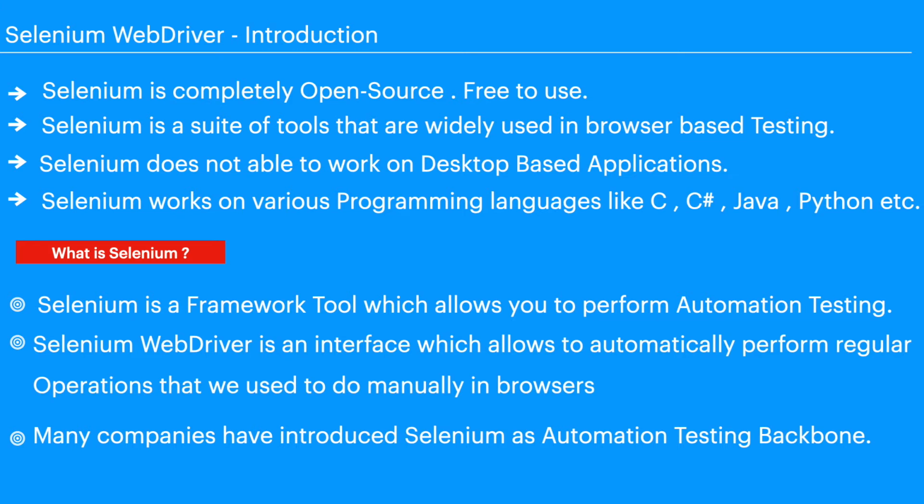Suppose you want to open a URL and do some basic operations such as filling up a form, clicking on the submit button, or doing drag and drop operations, or whatever basic operations there are in a web browser. This can be done automatically with Selenium. You have to write a few lines of code, which I will help you write, and bring the confidence in you, and you can do it on your own once you master this course.